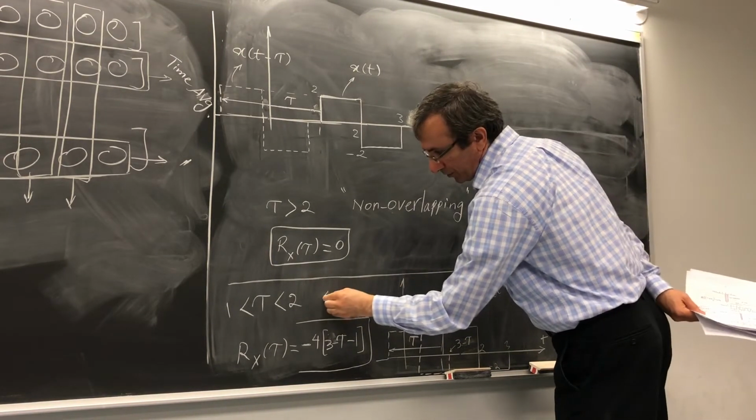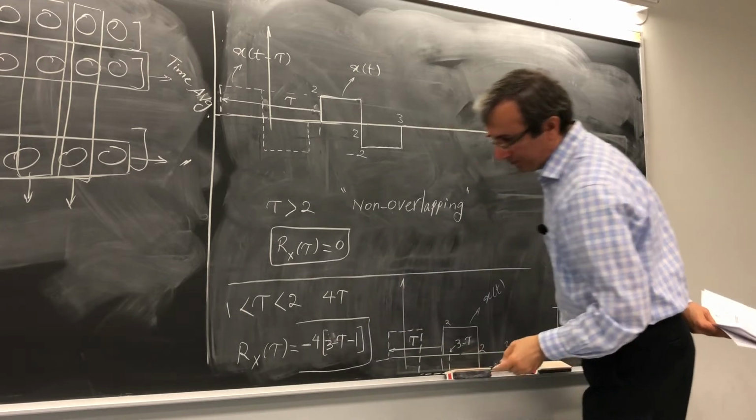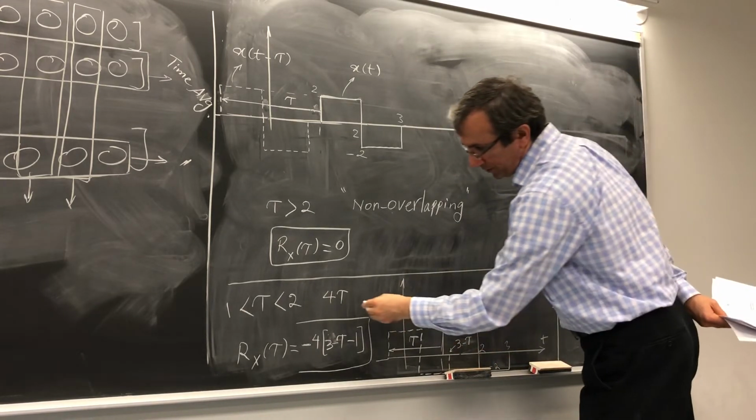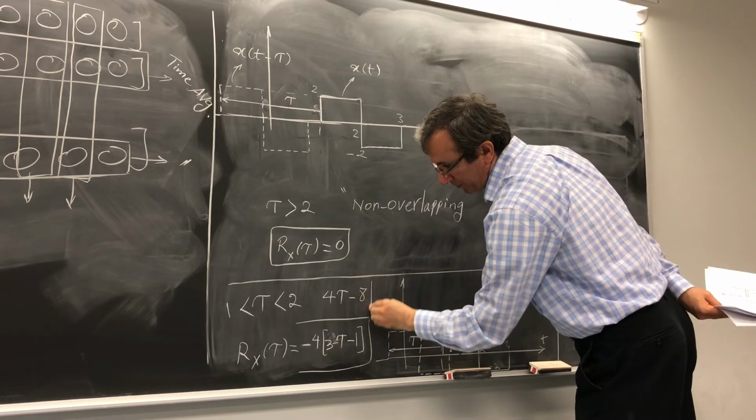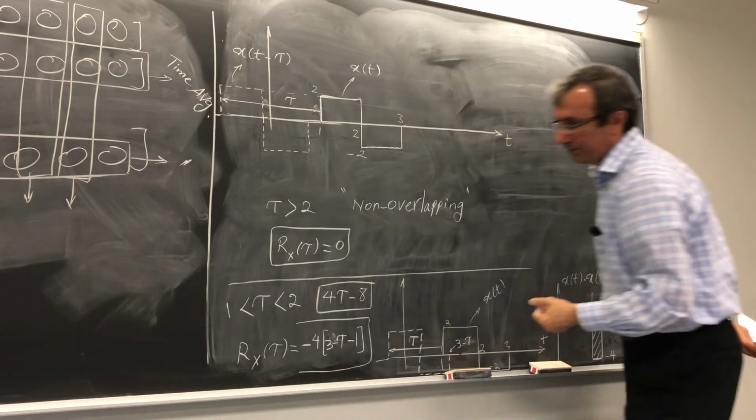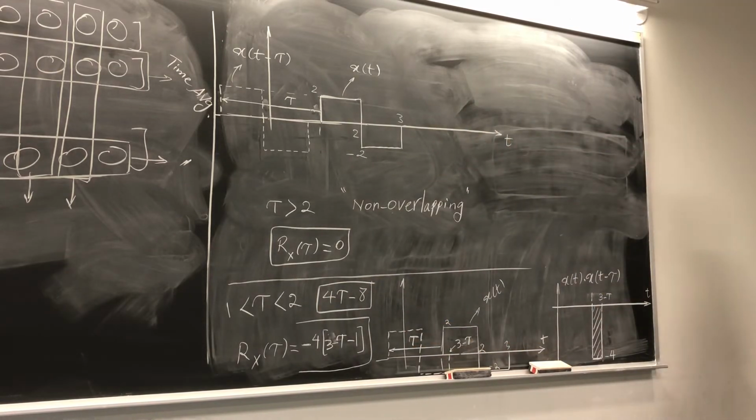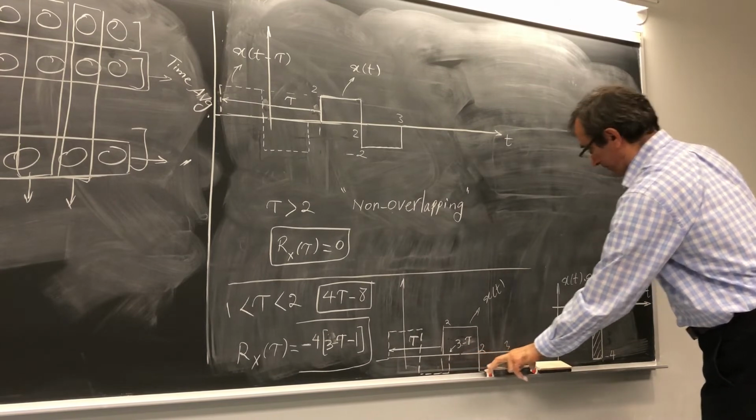Let me write it. 4 tau minus 8, right? This is the function.